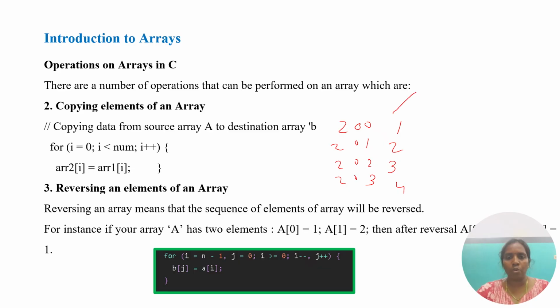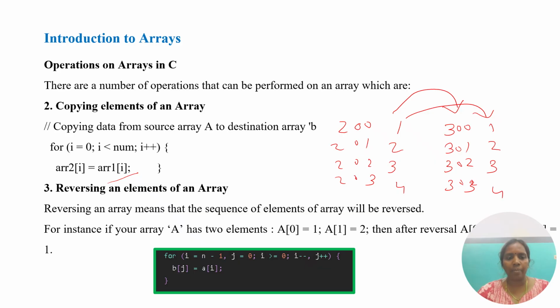If you want to copy it to some other destination whose addresses are 300, 301, 302, 303, after this code, the values 1, 2, 3 and 4 will be copied to these memory locations. So this is copying the elements of an array.